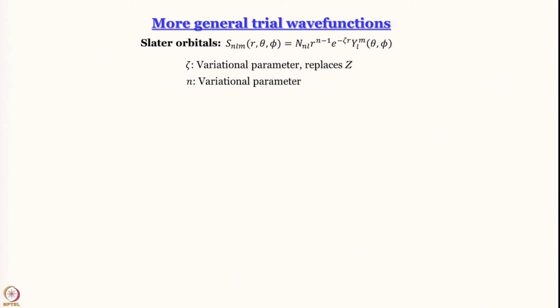We are trying to stick to 1 electron wave functions as long as we can, because they are familiar to us, we know how to handle them, and also the many electron wave function sort of builds upon 1 electron wave functions, right.